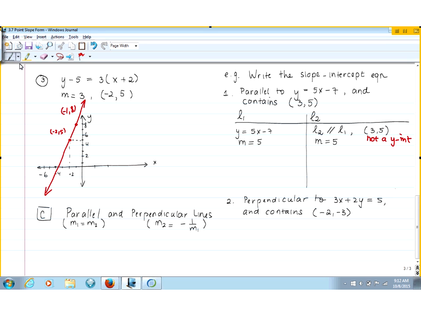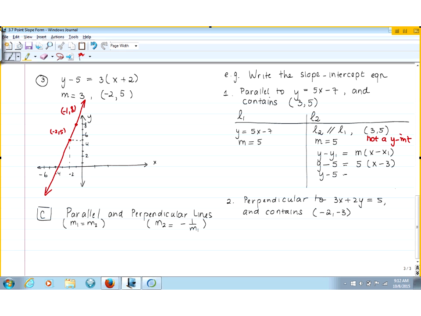So what other form can I use? Yeah, which is y minus y1 is equal to m times x minus x1. So y minus y1, what is y1? 5 is equal to 5 times x minus 3. Yes.